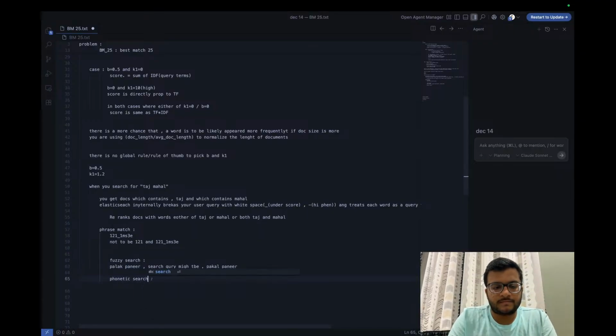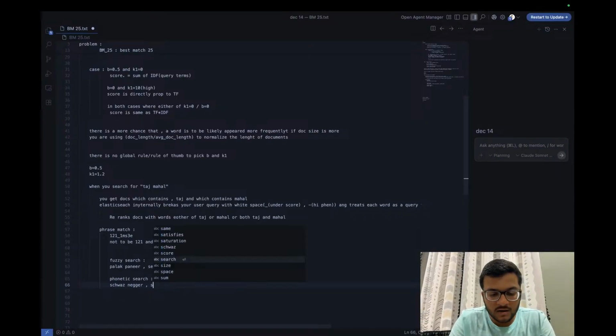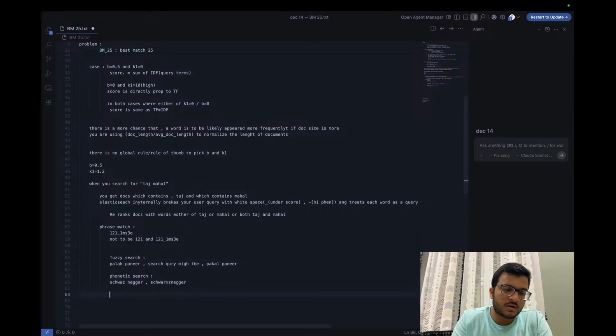Phonetic search: many people don't know the correct exact spelling of a word. Maybe Schwarzenegger, or some people can write it differently.